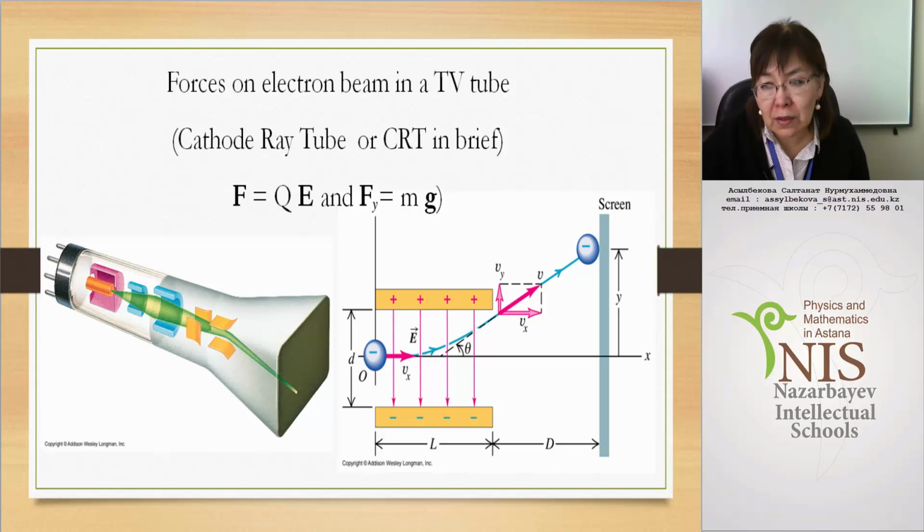I'll put here again a diagram which shows you the deflection of the beam. You can measure all distances and even evaluate some charge if you use a CRT in the oscilloscope, or you can just find your image by watching TV.